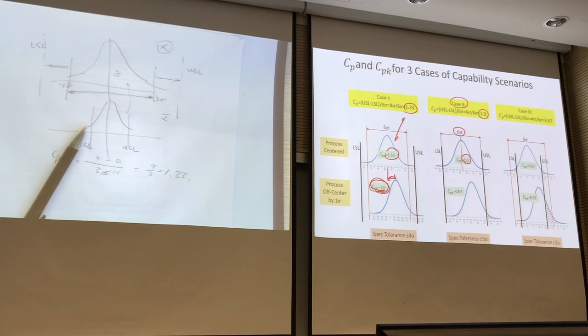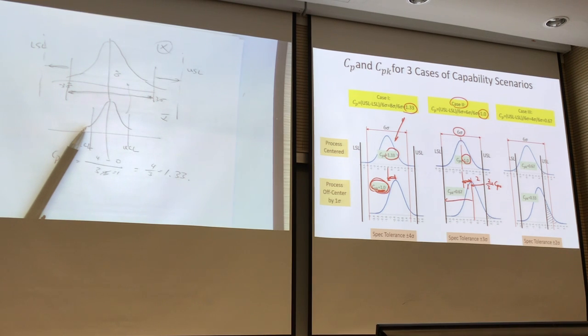But now in this case, when the process moves by 1, what happened? This is equal to 2, so 2 over the spread, 2 over 3, is CPU. So it's equal to 0.67.